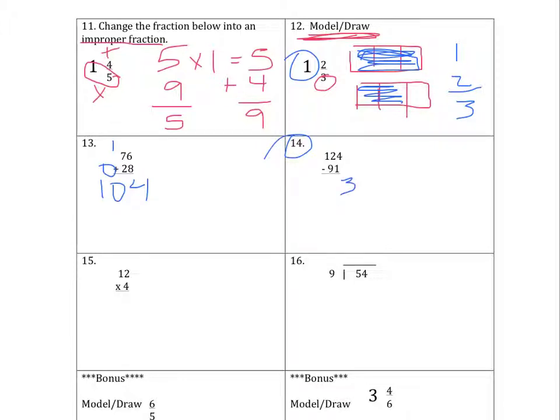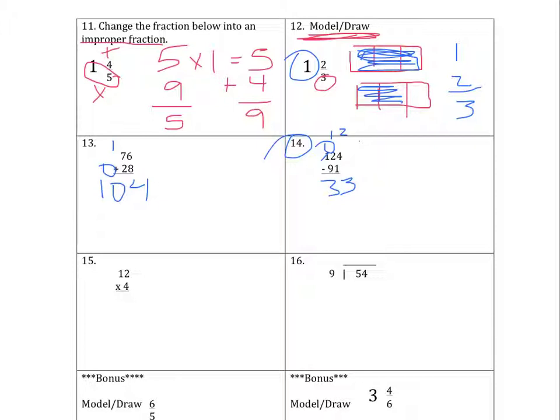We can't take 9 from 2, so we have to borrow. So we cross out our 1. Our 1 becomes a 0. Our 2 becomes a 12. And 12 minus 9, is that right? 12 minus 9, 9, 10, 11, 12, is 3. Sorry, confused myself on that one.